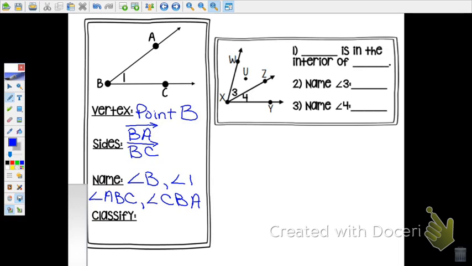The vertex again has to be in the center. And although we haven't reviewed it again, we should know how to classify an angle based on its size: acute, right, obtuse, or straight. What kind of angle do I have here? Acute. It would be an acute angle.